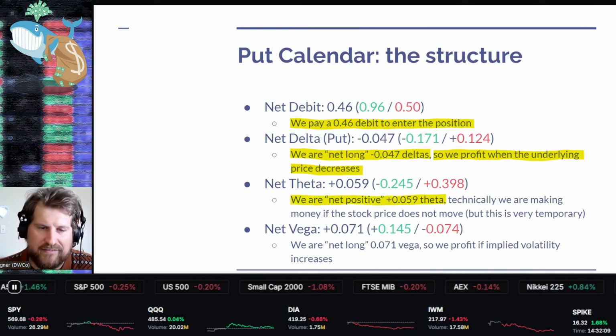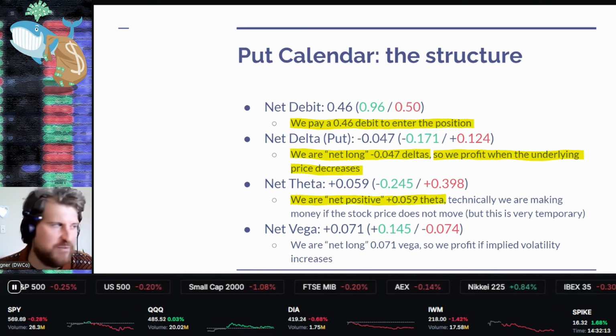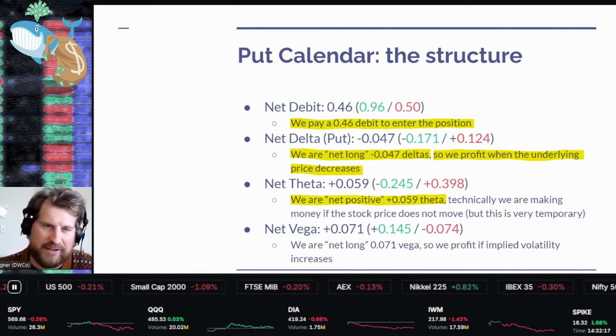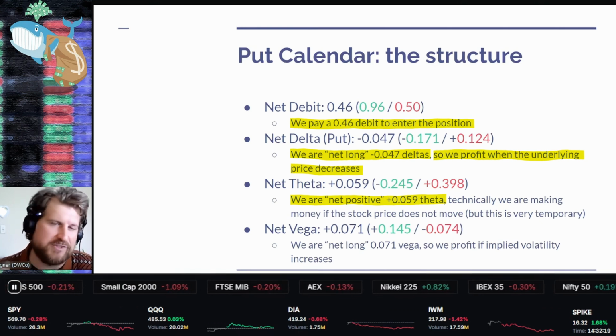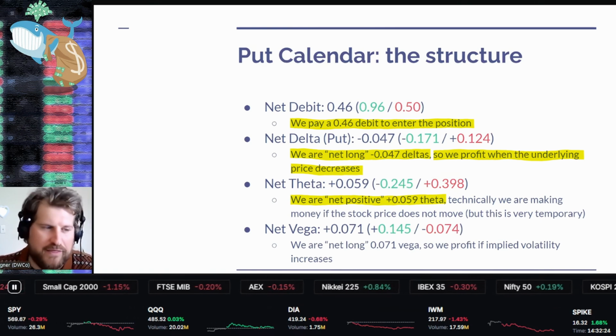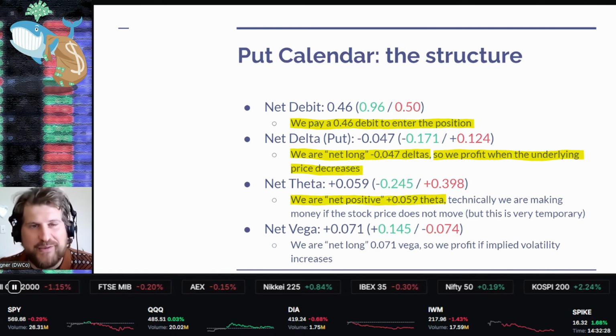Now, if you're a real Greek aficionado but you're unfamiliar with calendars, that might seem kind of surprising because everything else I'm describing resembles a long put, and this would, in theory, if it stayed this way throughout the duration of the trade, this would really be the best of both worlds, right?